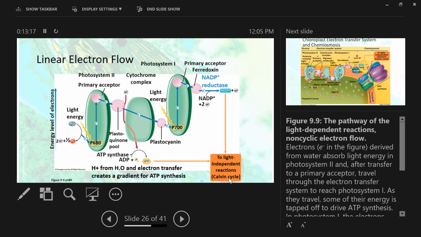And notice these electrons are at a much higher energy level on NADPH than they were at the water. Okay, so you have electrons fairly unstable, which means NADPH is going to be really good at doing what? Oxidizing? Yeah, at oxidizing, at losing those electrons.